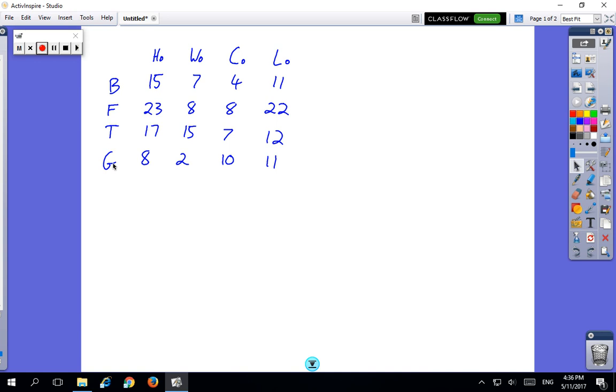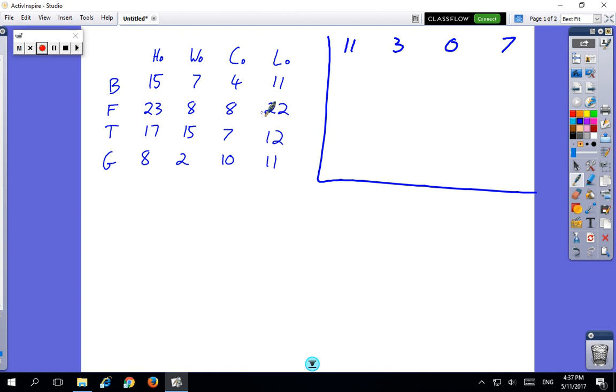So what we do is reduce the rows first by taking away the smallest number from each row. So in this case it's going to be 4. I'm just going to rewrite out the network over here without the letters on the side or up the top. We take 4 away from each, so it's going to be 11, 3, 0, and 7.